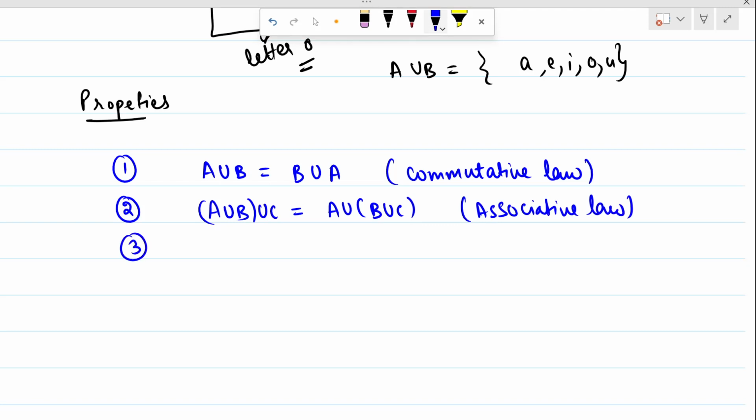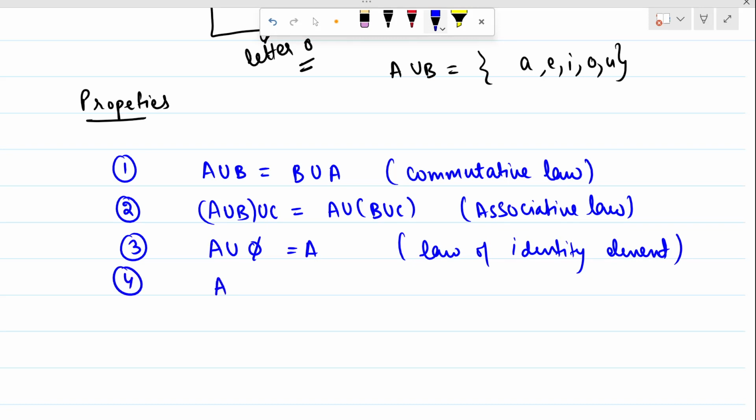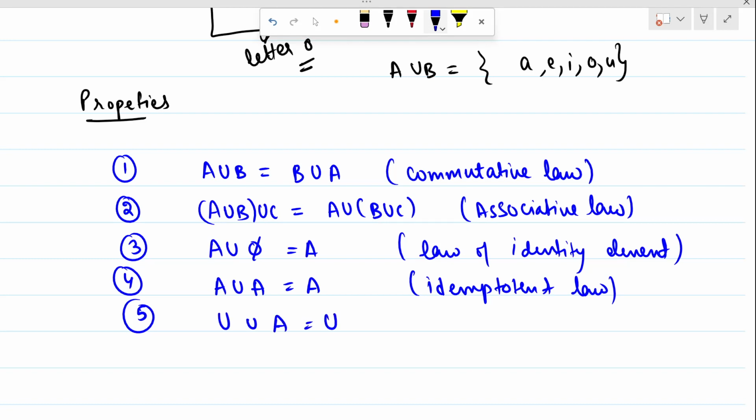Third, A union phi equal to A, and it is known as law of identity element. Fourth, A union A is equal to A, so it is idempotent law. Five, U union A is the universal set, so this is the law of U.